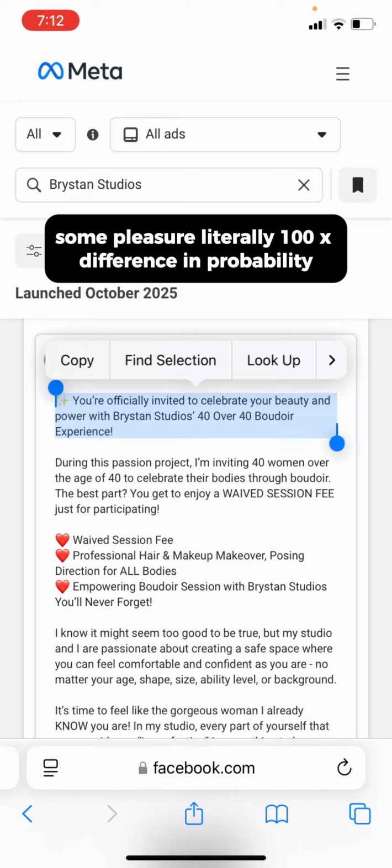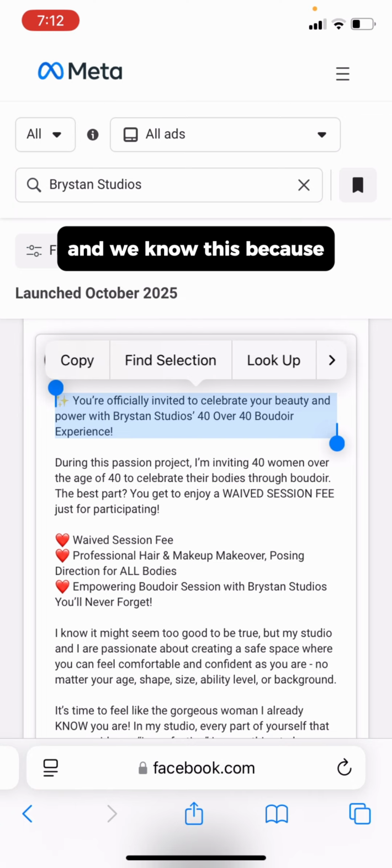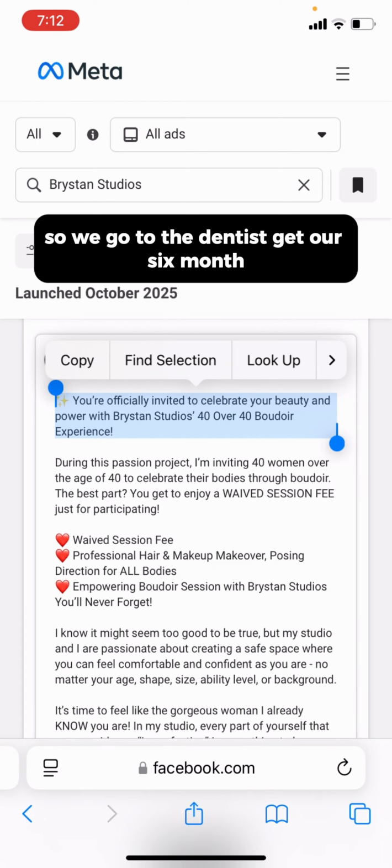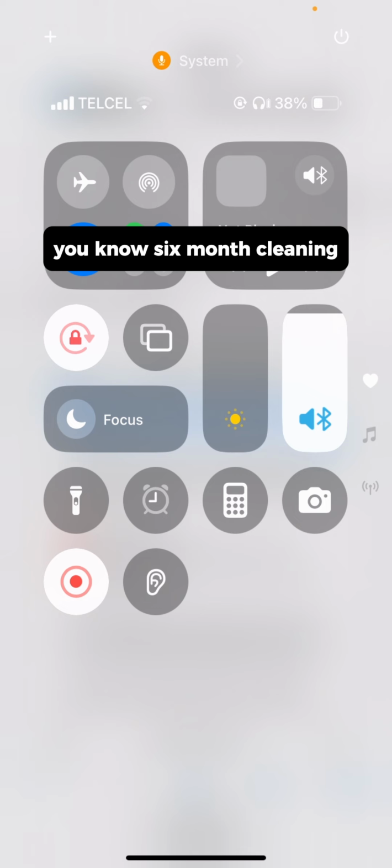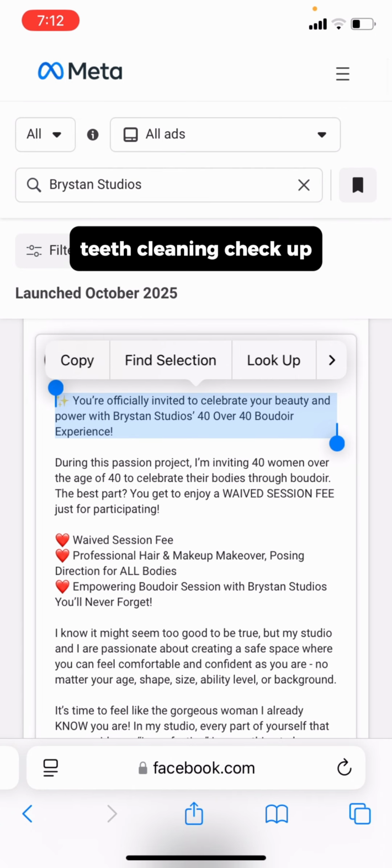Literally a 100x difference in probability. And we know this because think of us going to the dentist. So we go to the dentist, get our 6 month teeth cleaning checkup.